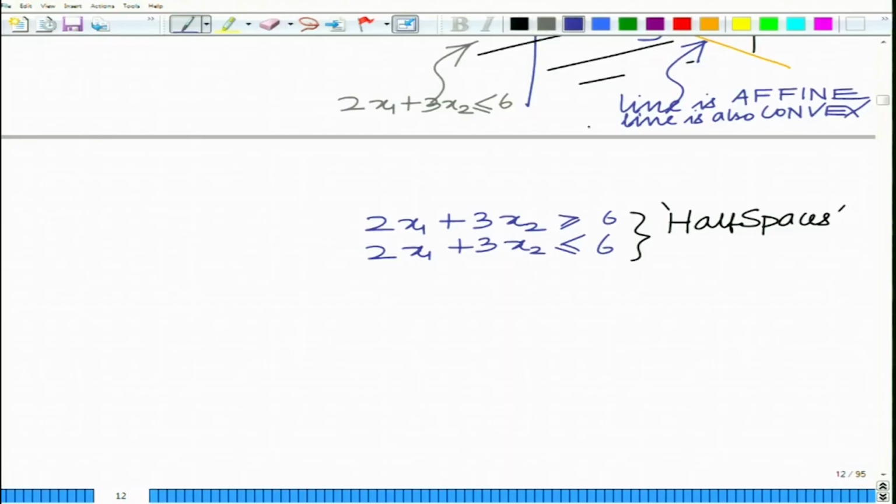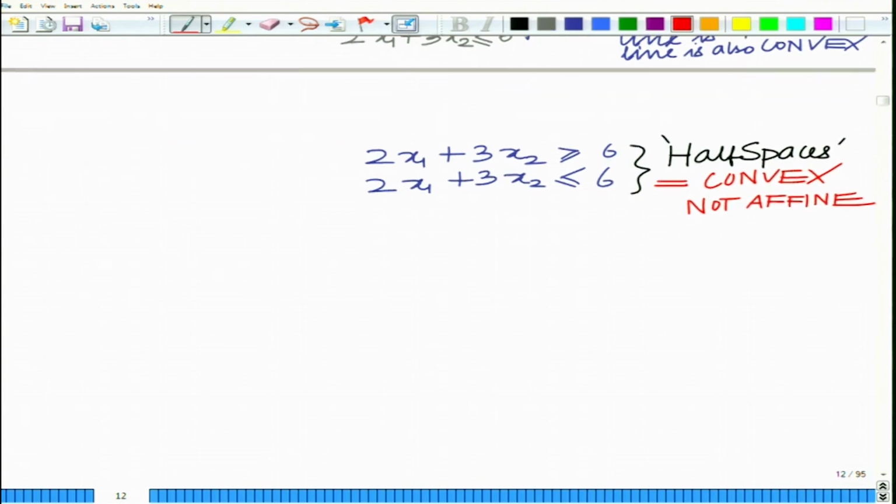So, these half spaces are convex and these are not affine. So, a line is affine, which implies it is also convex, but a half space is only convex and not affine.